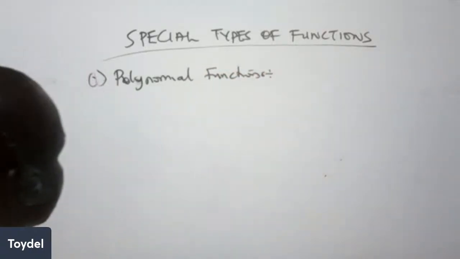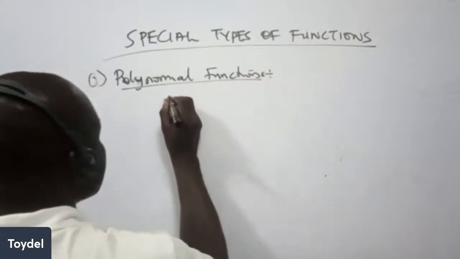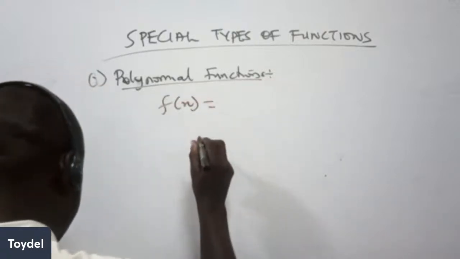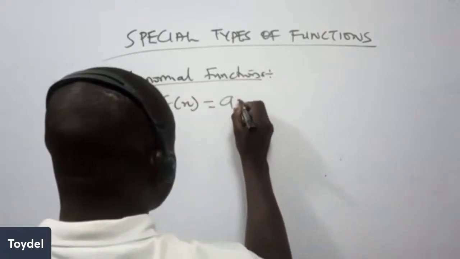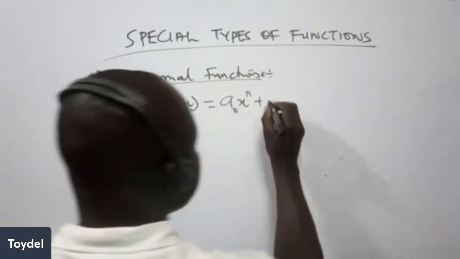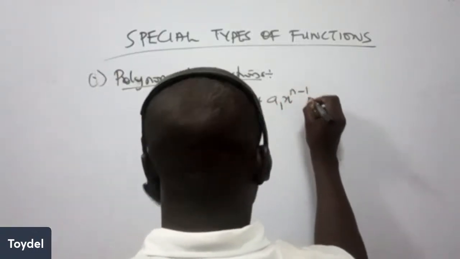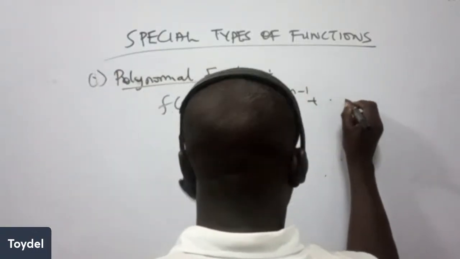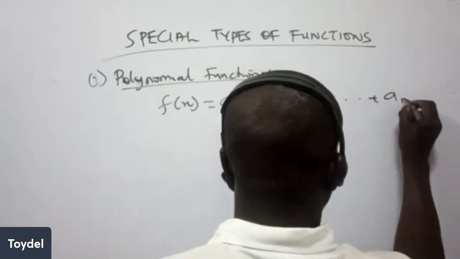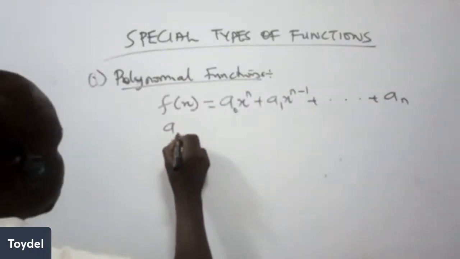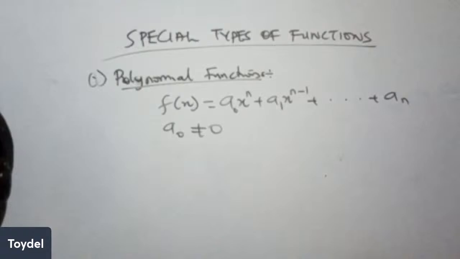Under polynomial function, f of x is defined in general as a naught x raised to power n plus a1 x raised to power n minus 1 plus dot dot dot plus a n, where a naught must not be equal to 0.